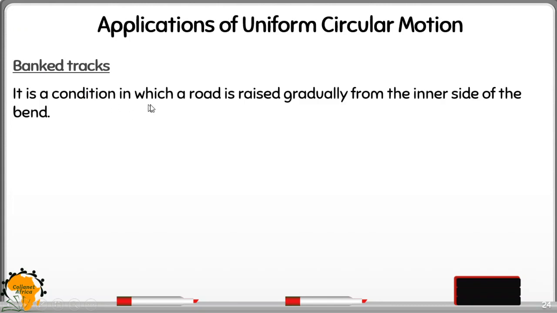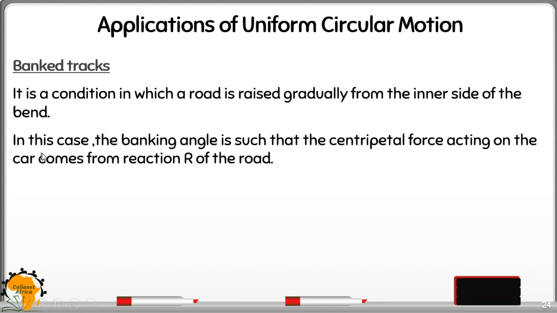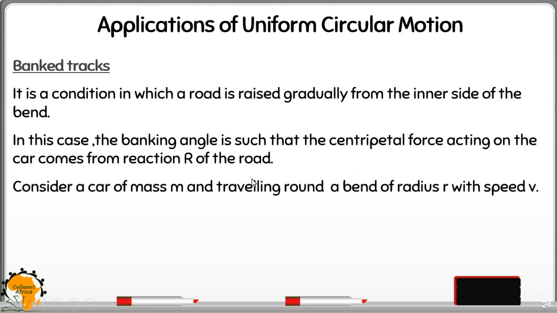Then the other application is when we have banked tracks. This is when the road is raised gradually from the inner side of the bend. In this case, the banking angle is such that the centripetal force is no longer given by the friction force, but by the normal reaction of the road.